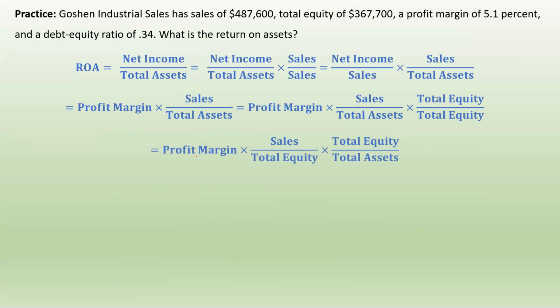So it equals profit margin times sales divided by total equity times total equity divided by total assets.